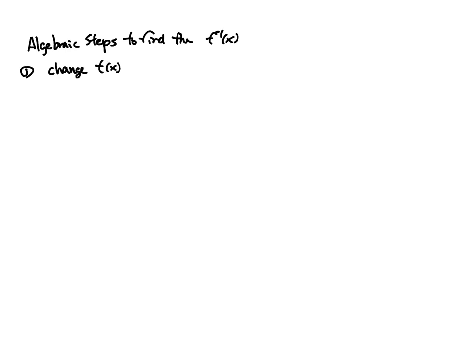Alright, for number 5, we're going to have to figure out the inverse function based on the function that's given. So these are the steps that I always follow. Algebraic steps to find the inverse function, which is f to the negative 1. So what I always do is, step 1, change f of x to y.